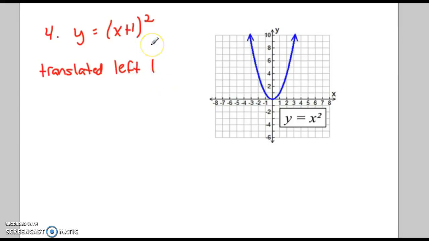Since we're doing the opposite, typically positive you would think right, but we are going to go left. So let me get the function. Okay, so here's my parabola. Starting at 0, I'm going to shift 1 unit to the left. So my new vertex is now here at (-1, 0).